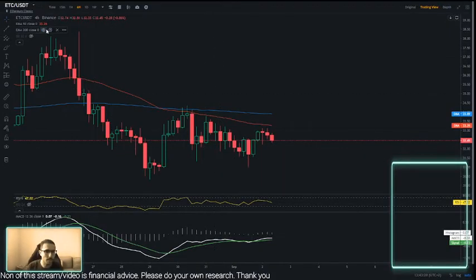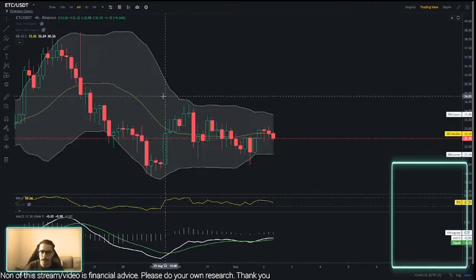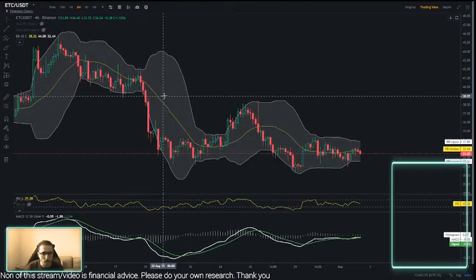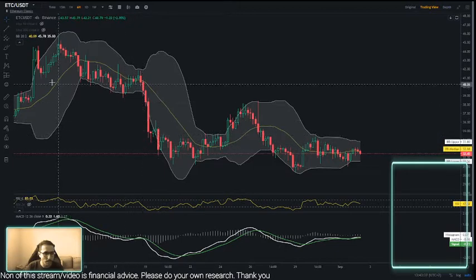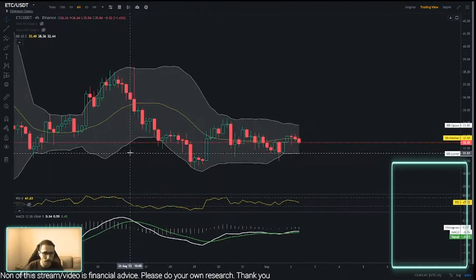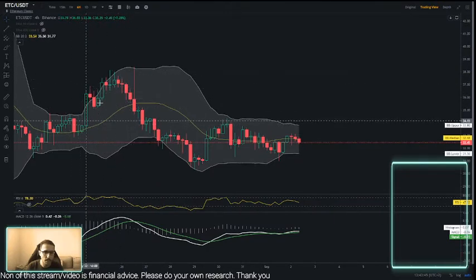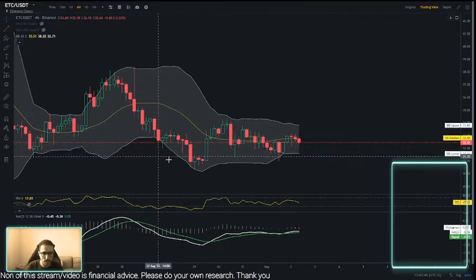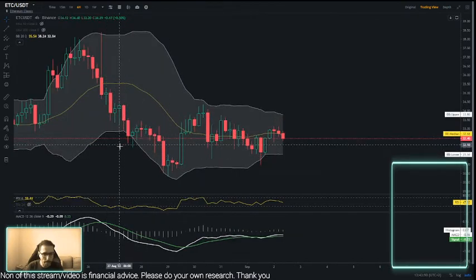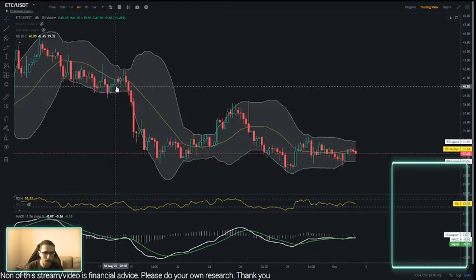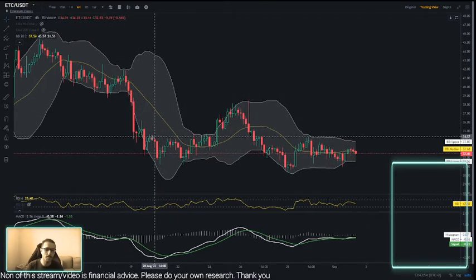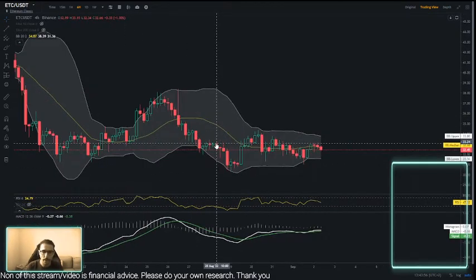Now the Bollinger Bands. So almost the same thing that we had on the hourly charts, although here we broke above apparently way more easily than we did on the hourly charts. And the break below also happened as frequently as on the hourly chart.